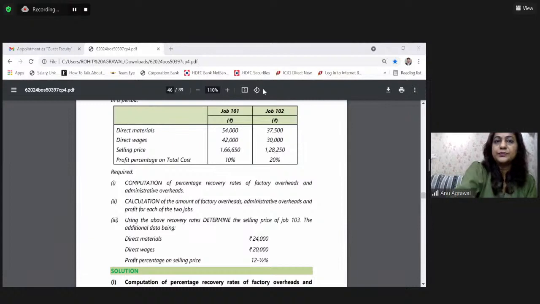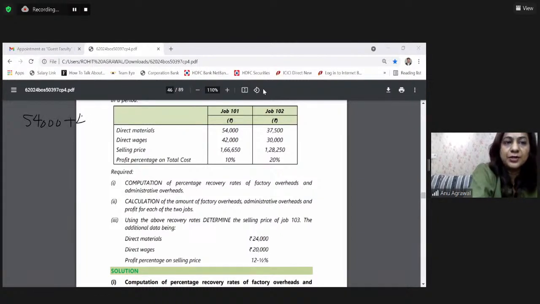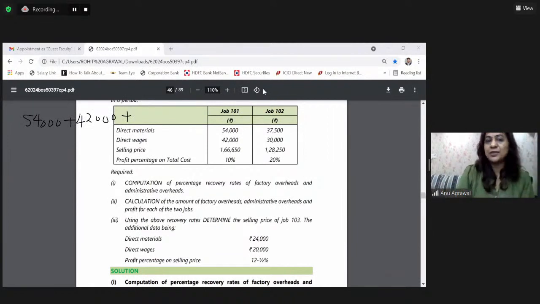For job 101, factory cost is going to be 54,000 plus 42,000 plus X percentage, or here they are assuming F percentage of 42,000. So it will be 42,000 F.